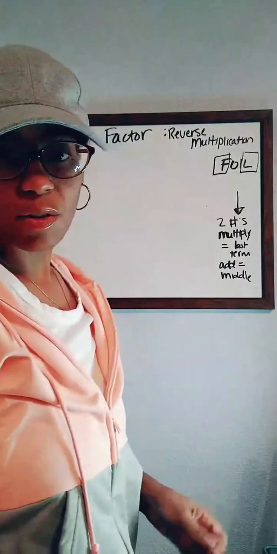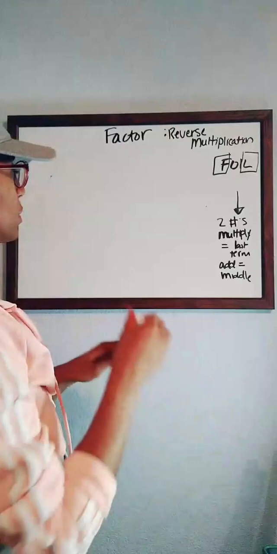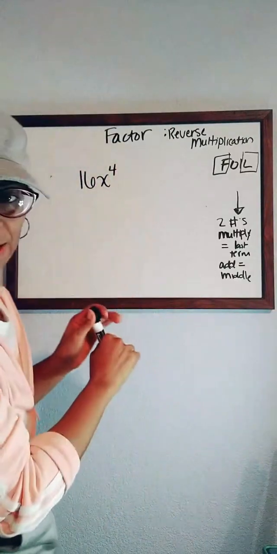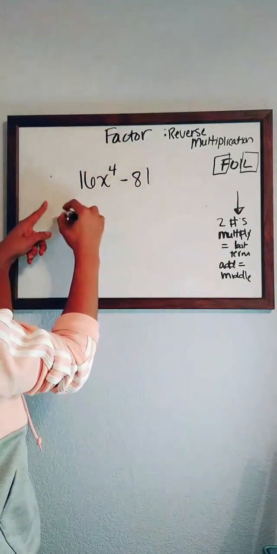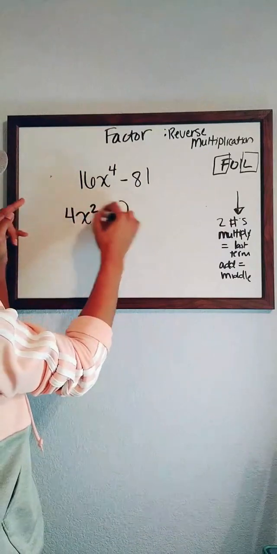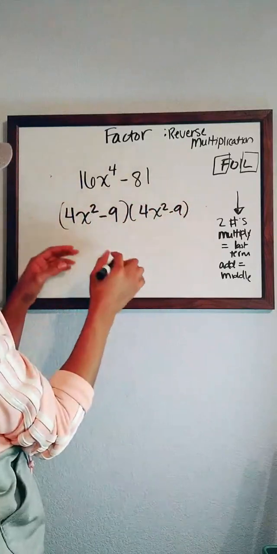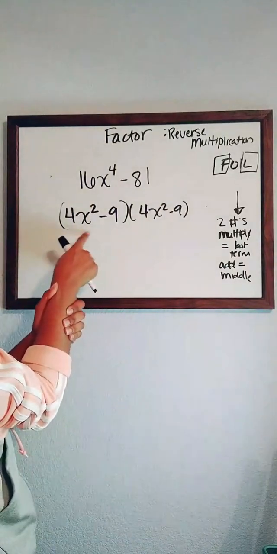16x to the power of 4. So that's going to be a perfect, this is what that is. It's a perfect square minus 81. It's a difference of 2 squares. So what's going to happen is you're going to take 4x squared minus 9 times 4x squared plus 9. And then you would end up having to break these down some more.